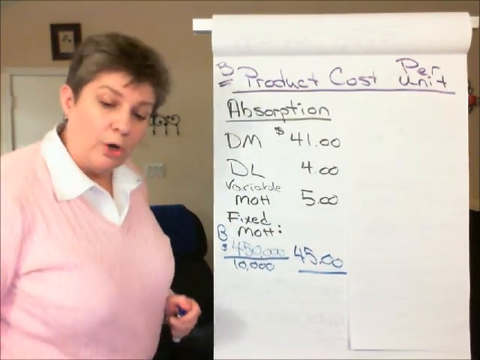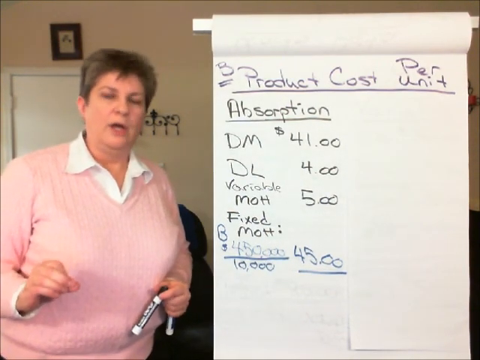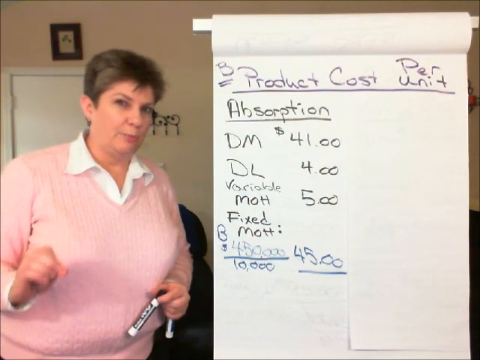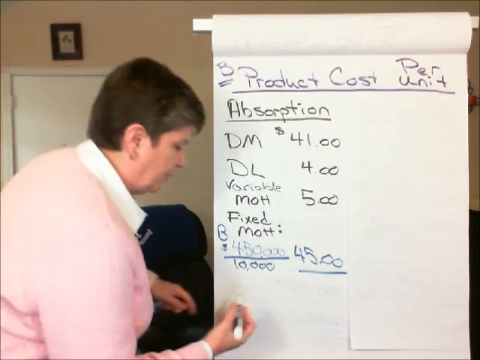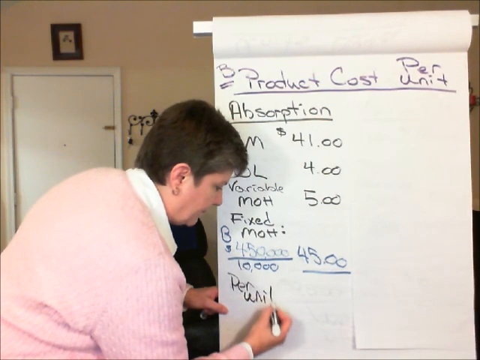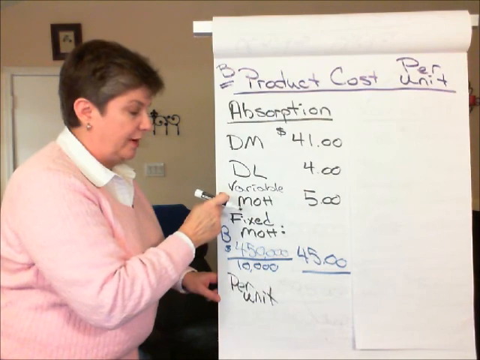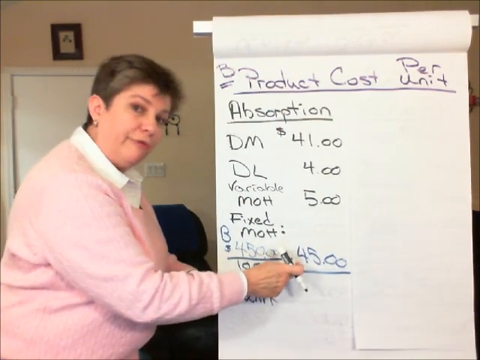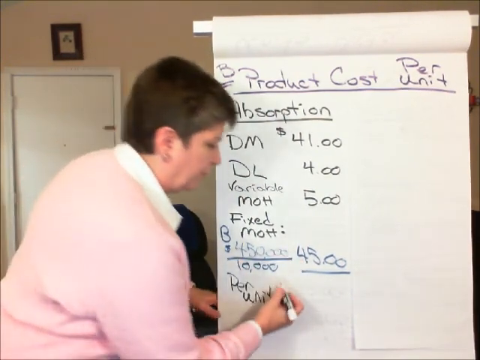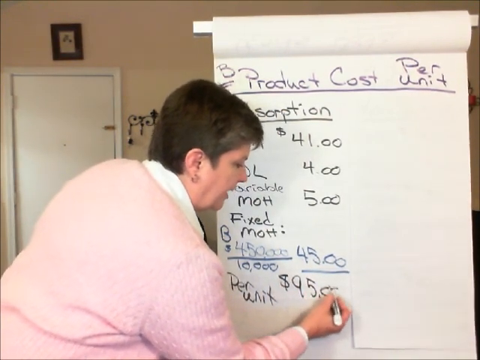So in scenario B, instead of having a $100 manufacturing cost per unit, our per unit manufacturing cost is the $50 of material, labor, and variable overhead plus $45 of fixed overhead for a product cost of $95 per unit.